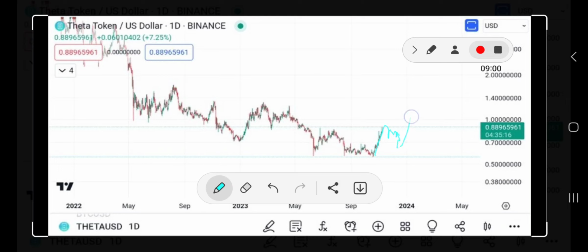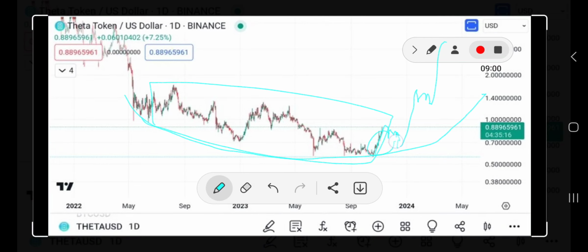Maybe we pull back now and then go higher and continue. So more bullish options than bearish ones, but at the end of the day, it looks like a beautiful rounded bottom, a beautiful Wyckoff accumulation pattern, and we're at the bottom of the range. We still want to get back to the top and break out of here.